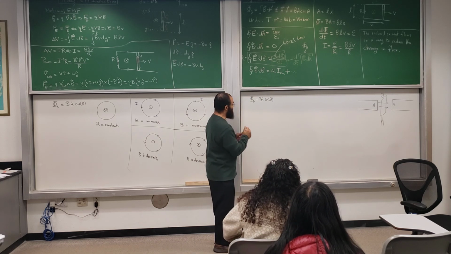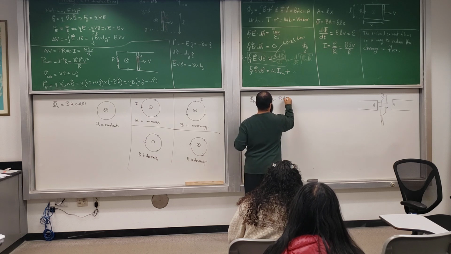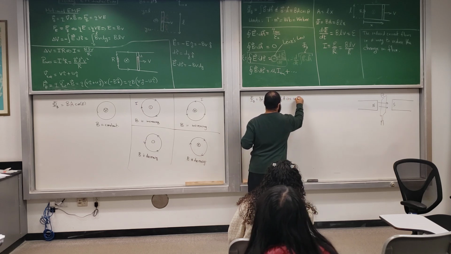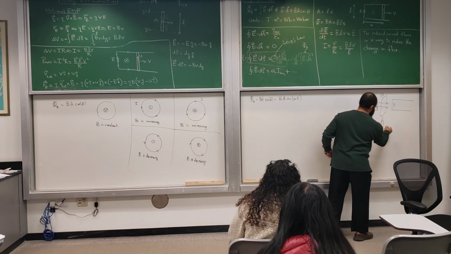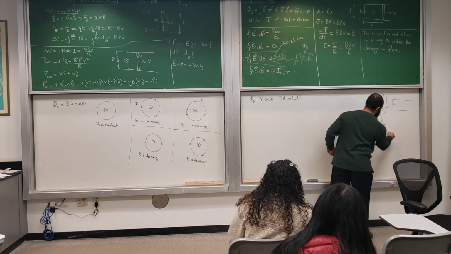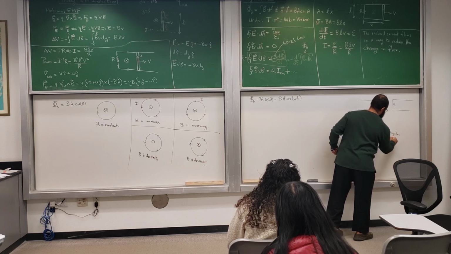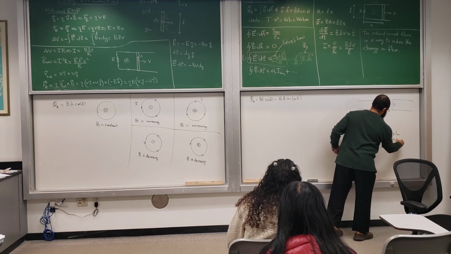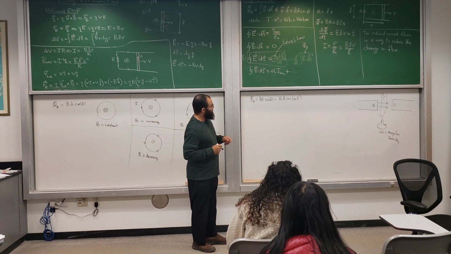So imagine I'm just spinning that loop, and from mechanics, theta is the angular velocity times t, right? Omega t. So I'm spinning this at angular velocity, or angular frequency, omega.